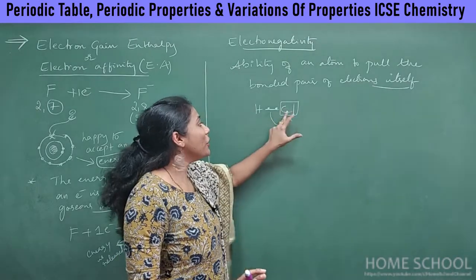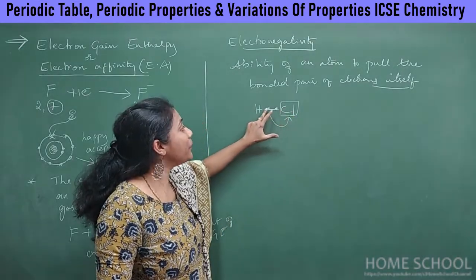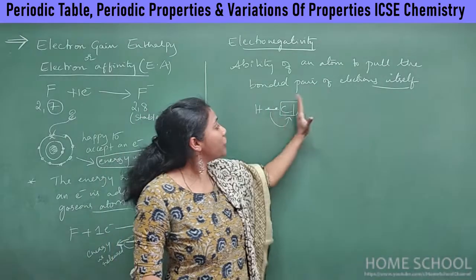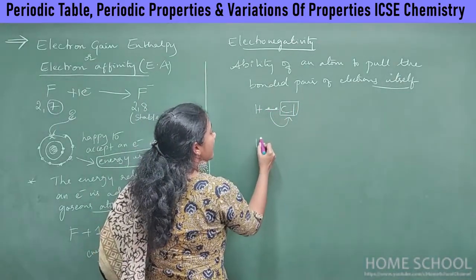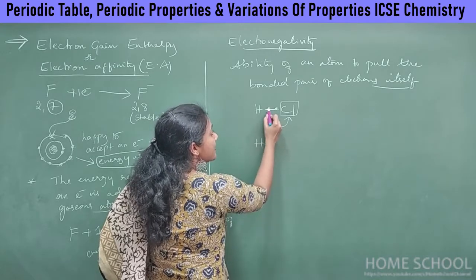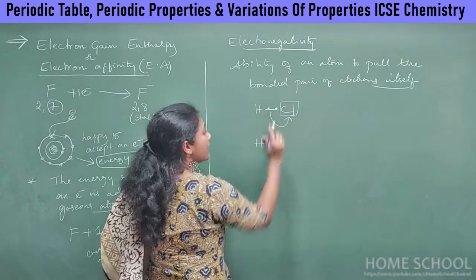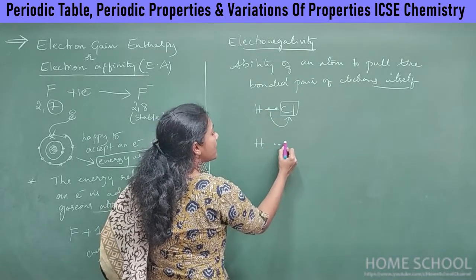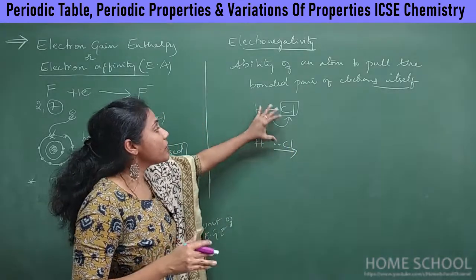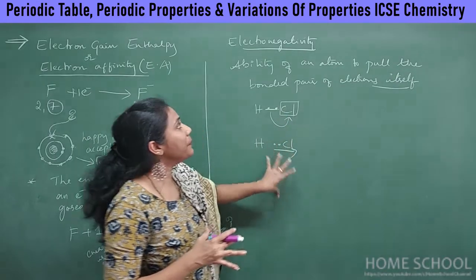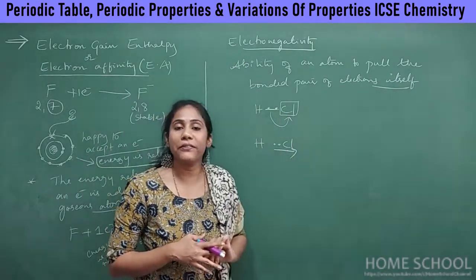So chlorine has an ability to pull the bonded electrons towards itself. Exactly, they should be present at the center, but since chlorine takes the electrons towards itself, these two electrons are present more towards chlorine. Such an ability of an atom is called electronegativity.